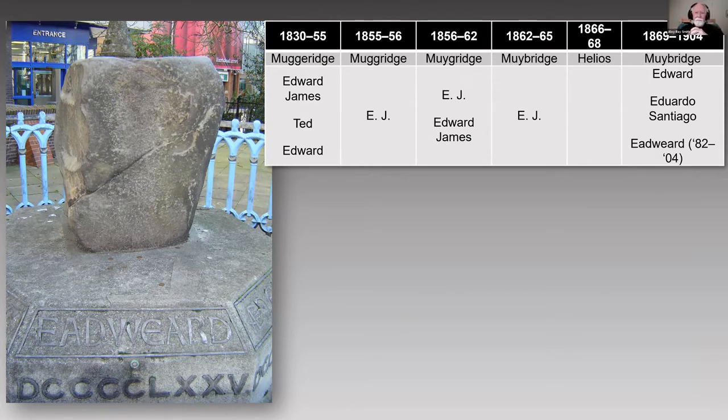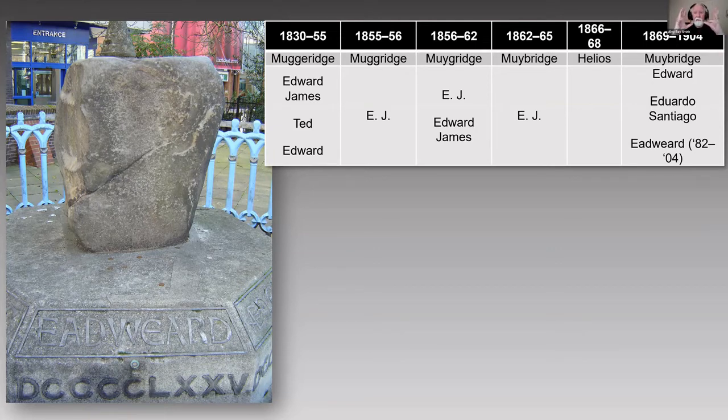He was just a kid from Kingston on Thames, England, and I think he got made fun of because of that name, so he changed his name many times in his life. Muggeridge was the second version he used, then Muybridge finally when he was 32, and then he used that for about 3 years, and then for a few years he was just the one name, the alias Helios.